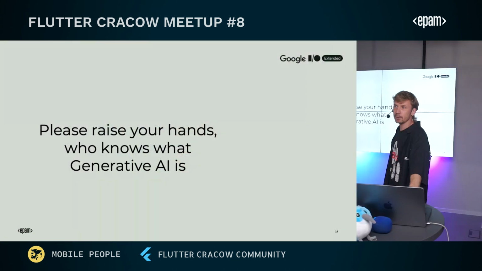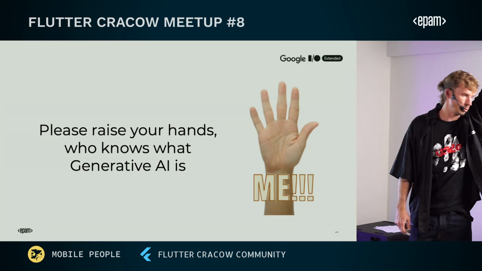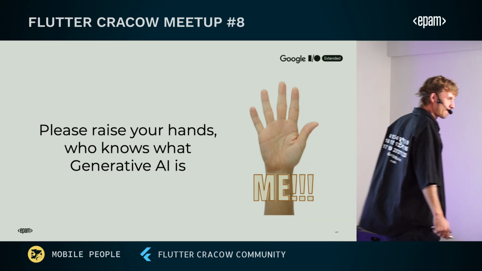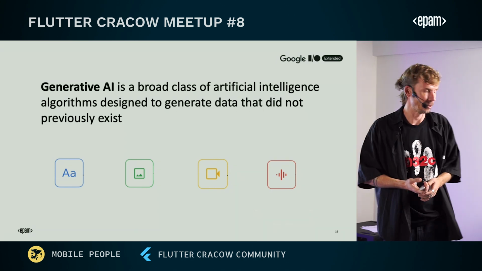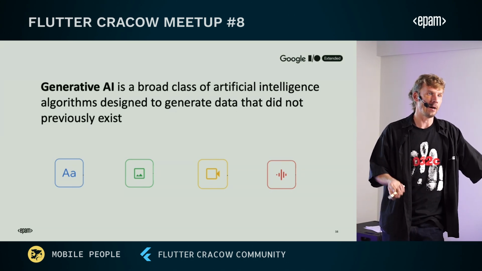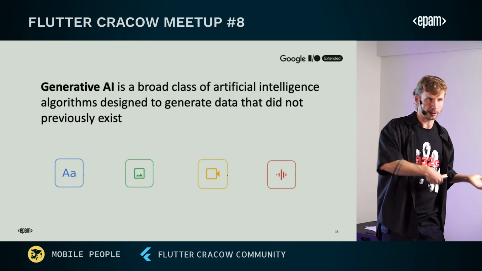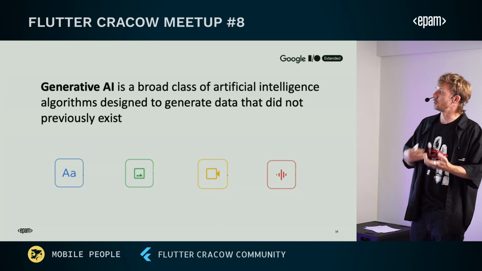Okay, and a bit of activity again. Who knows what generative AI is? Me, yeah, I forgot. I'm the speaker, I should know. Good. For people who didn't raise a hand, generative AI is a kind of AI created for generating something. Generative AI, generate. Usually it's different kinds of content.